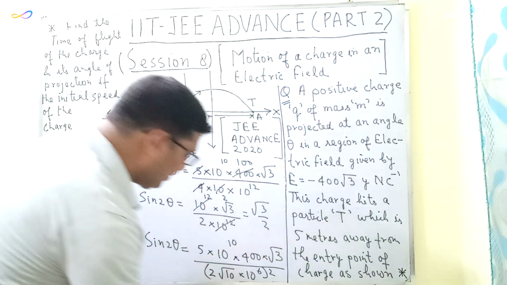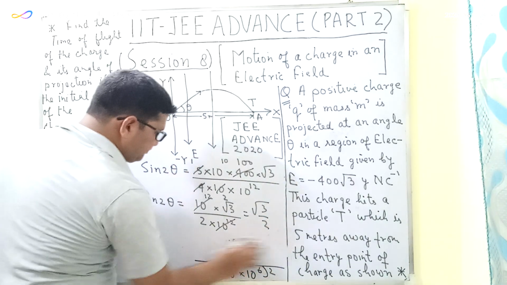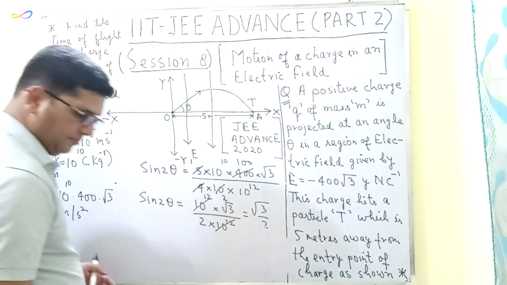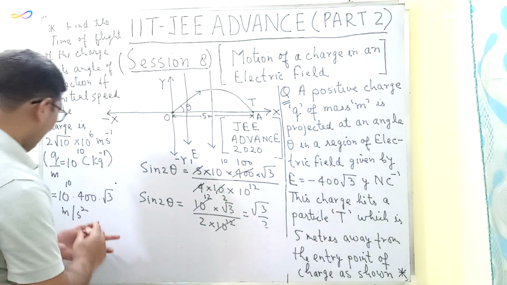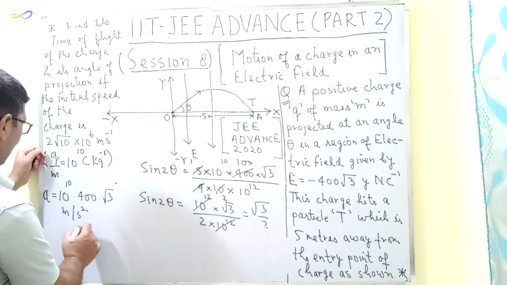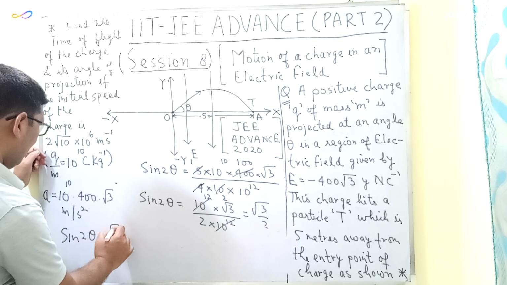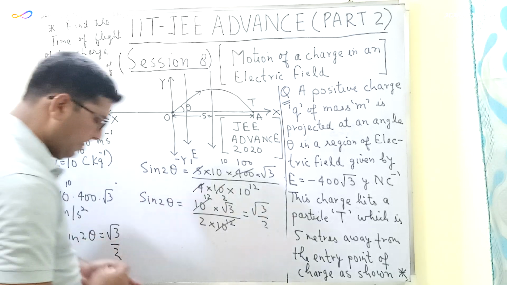So sine 2 theta is equal to root 3 by 2. I will be writing this value here, that is sine 2 theta is equal to root 3 by 2.